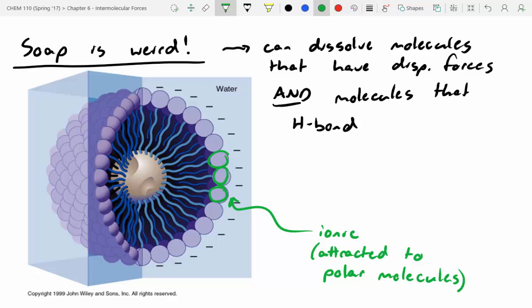So they really want to be close to things like water. However, on the inside, all of these big long chains sticking in are very nonpolar, and they like to dissolve oil.